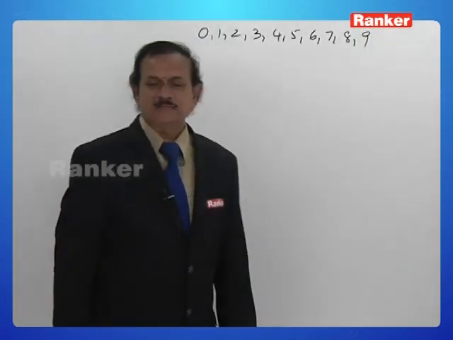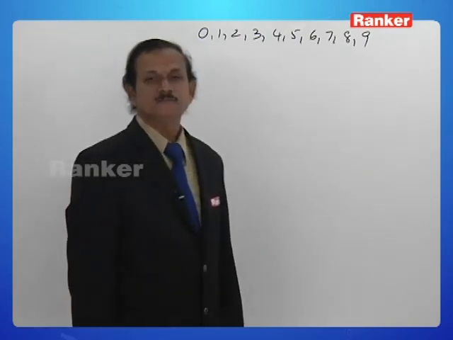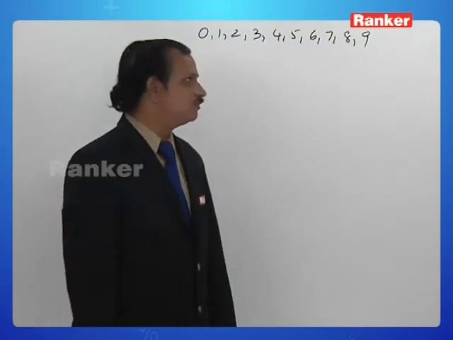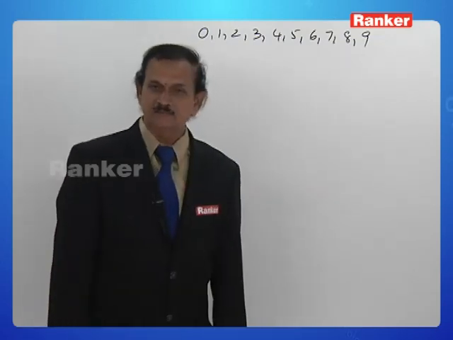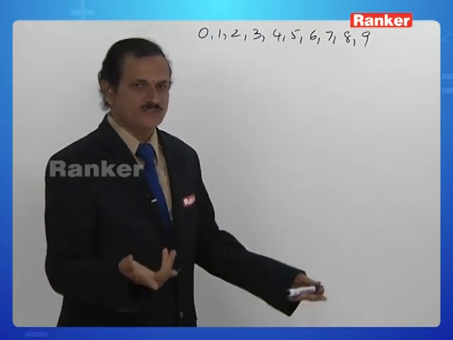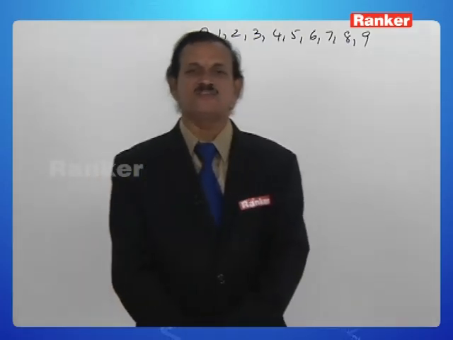The question before us is, what is the number of 5-digit numbers that can be formed by using 0, 1, 2, 3, 4, 5, 6, 7, 8, 9, in which at least one of the digits is repeated?